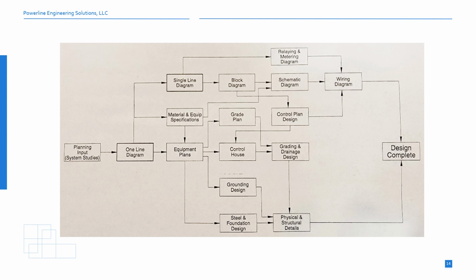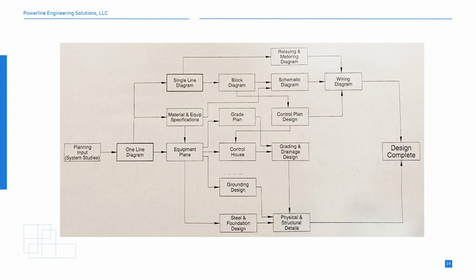Next, the grading plan, the ground grid and grounding design, steel and foundation design, as well as the control house layout drawings are created. This is typically considered a 30 to 50% milestone design completion.